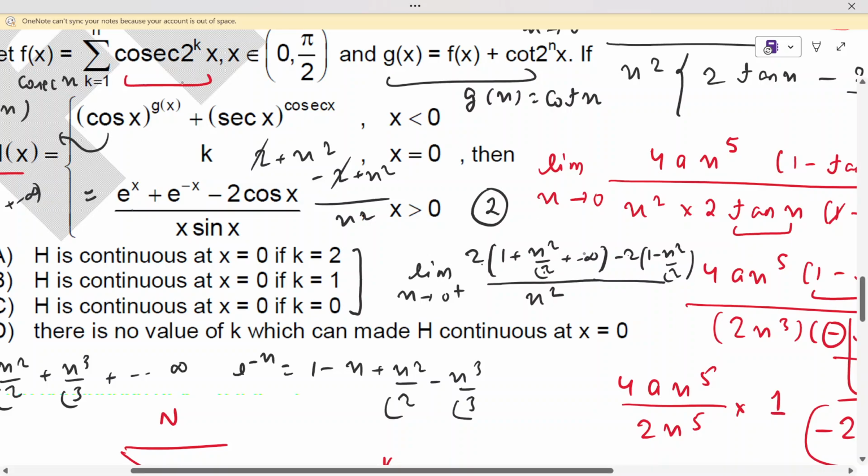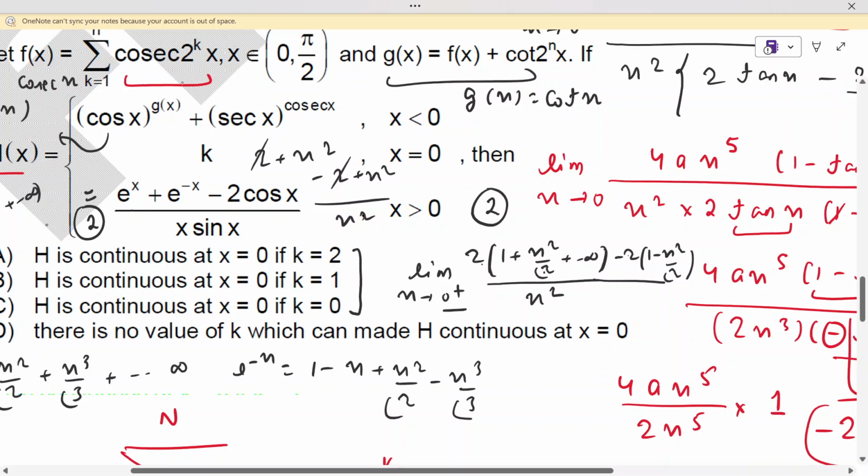Apart from this, any other term will comprise x cube and higher degrees. When I divide, we obtain the minimum degree of x as 1, and that all will be 0 when I put in the limit. So the limit is coming out to be 2 for the RHL, for 0 plus.